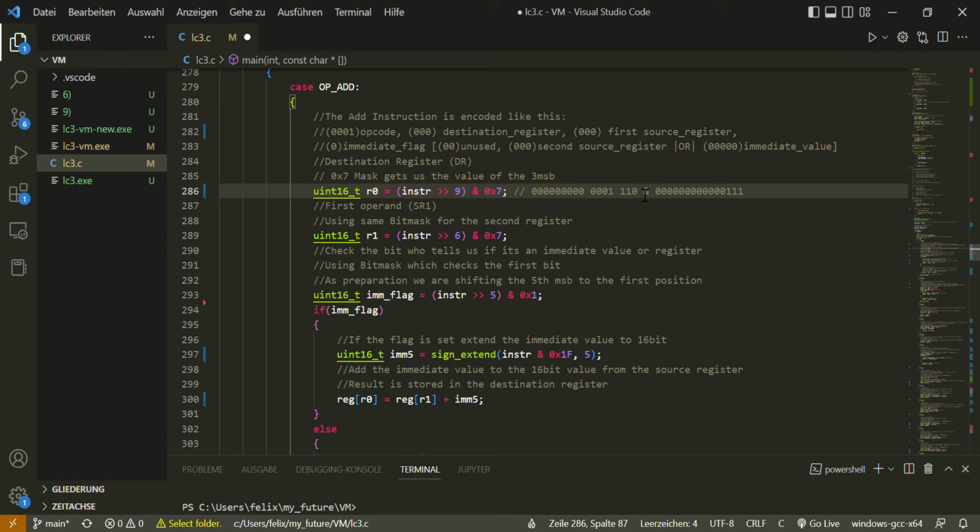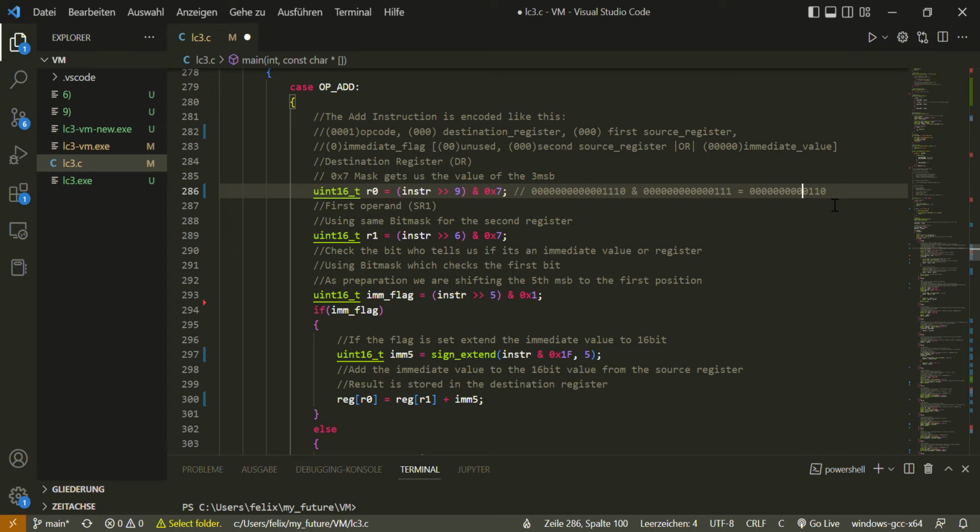Now we have 16 bits on both sides, and when we perform the AND operation, the result would look like this. 1 compared with 0 results in 0. 1 compared with 1 results in 1. 1 compared with 1 results in another 1. And 0 and 1 would result in another 0. And the rest are just zeros till we have our 16 bits.